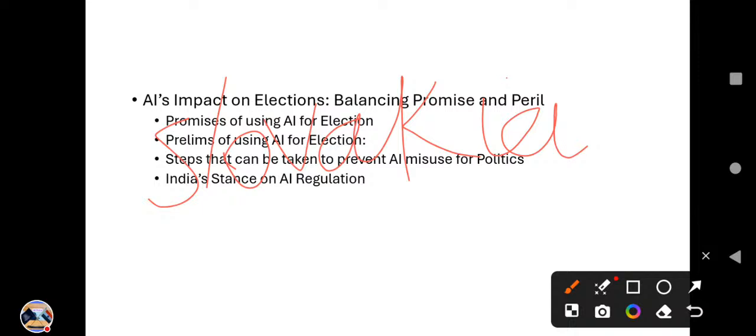Artificial intelligence use or misuse in elections, like spreading misinformation or disinformation. You should remember the deepfake elections. Okay, persuasive ability of AI models. For example, cloned celebrity voices.